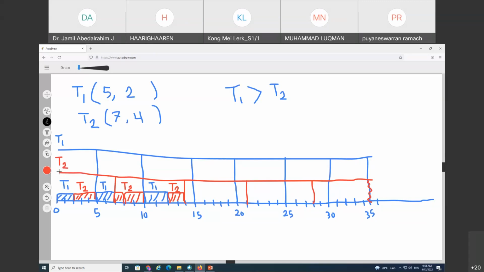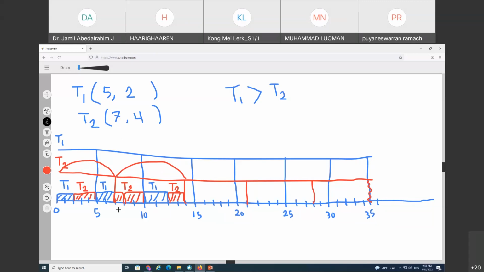So take a look here. This is the first period of task 2, and this is the second period of task 2, correct? How many units of task 2 do we execute? 5, correct.